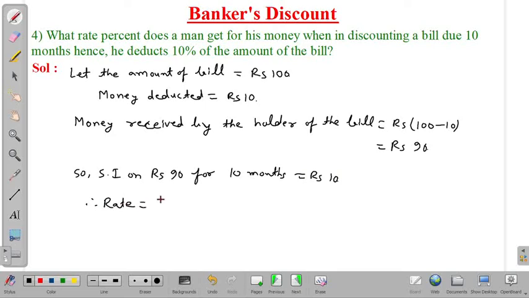Rate will be equal to 100 into simple interest, that is rupees 10, divided by sum, that is 90, into time, and time is 10 months, so we will convert this to years by dividing by 12. So it will be equal to 13 1 by 3 percent per annum. Okay friends, so we will discuss the next problem.